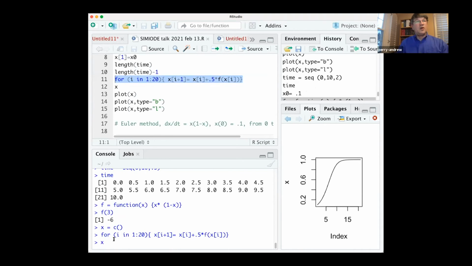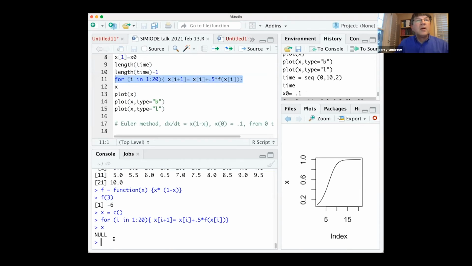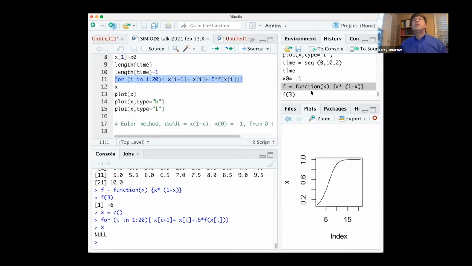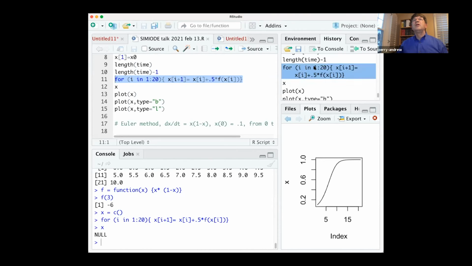And now, uh-oh, it didn't work quite as planned. Exactly this code worked before.